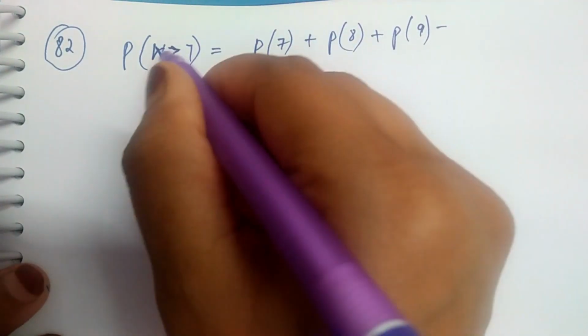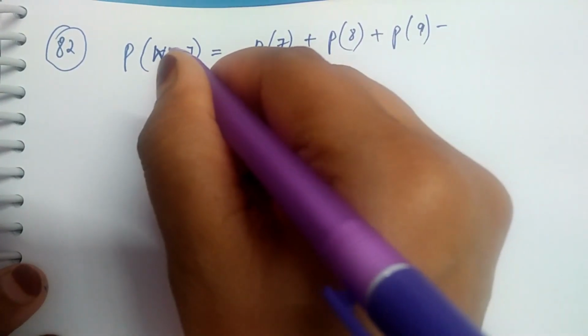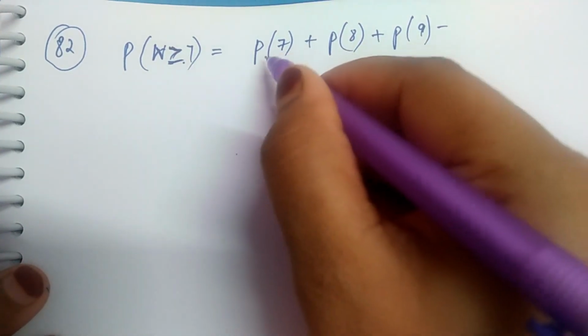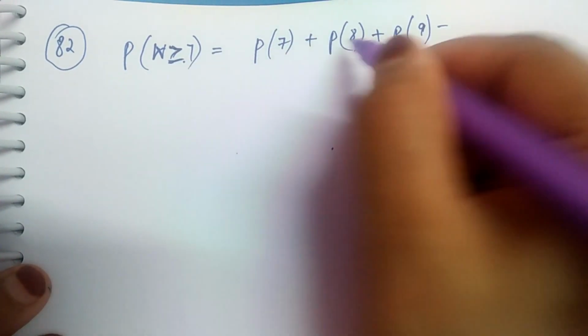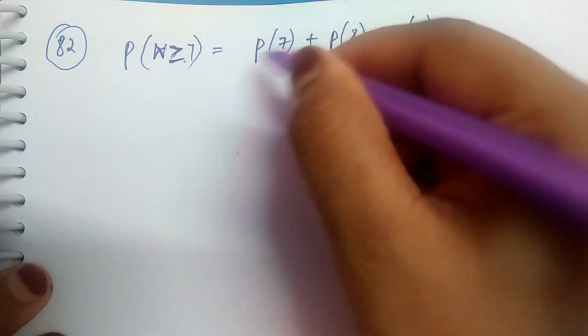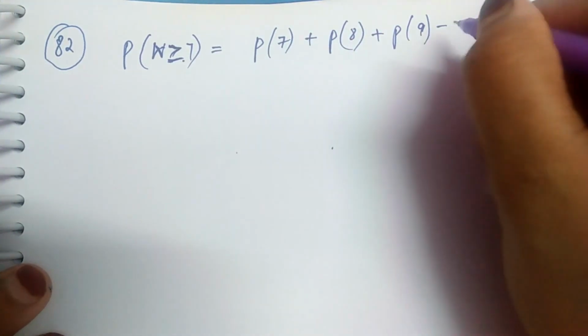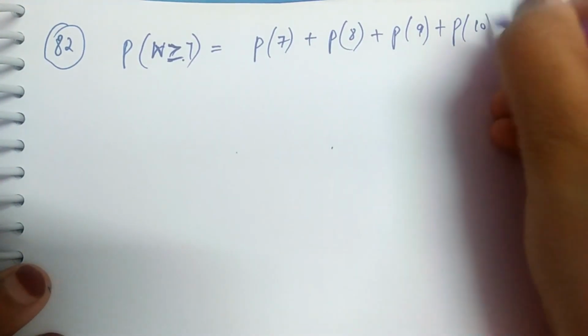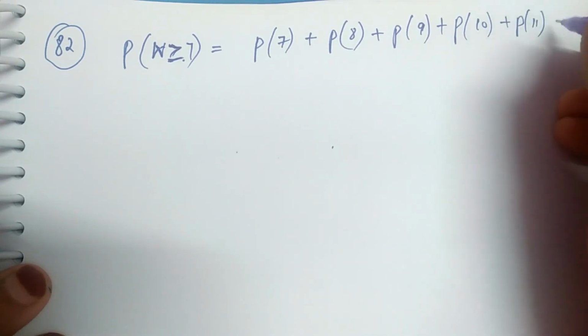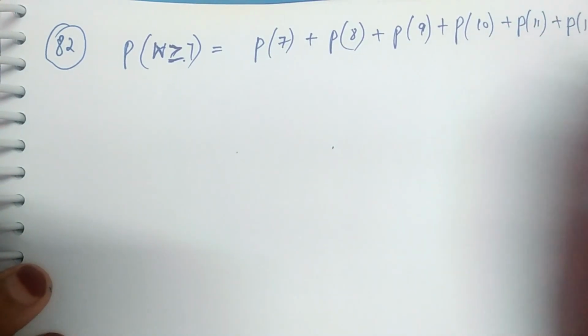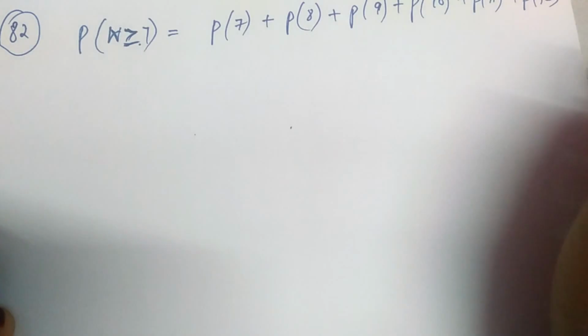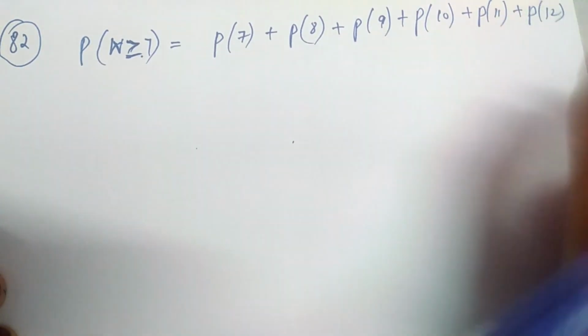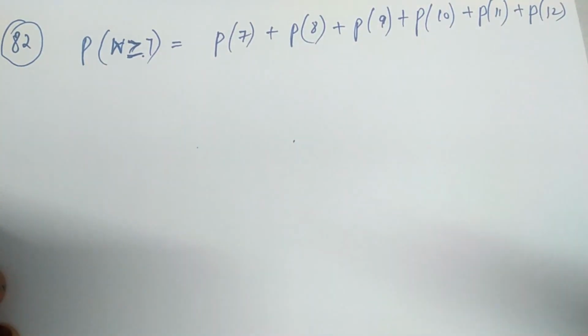Probability of at least 7 means probability of 7, plus probability of 8, plus probability of 9, plus probability of 10, plus probability of 11, plus probability of 12, but not 13, remember, because we are throwing dice. Dice can give 12 at most.